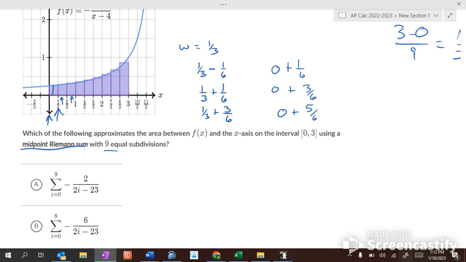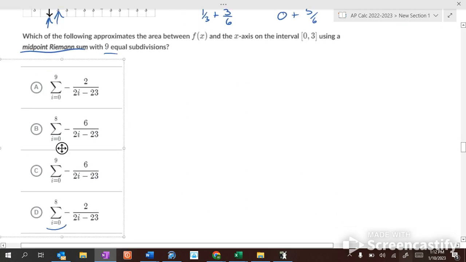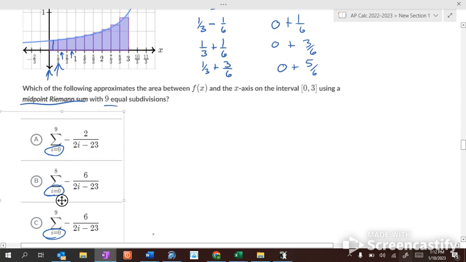So I'm starting at 0. So you can see i equals 0 here. And there are 1, 2, 3, 4, 5, 6, 7, 8, 9 subdivisions.